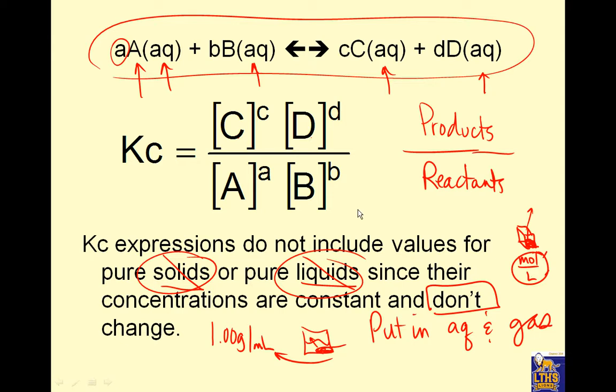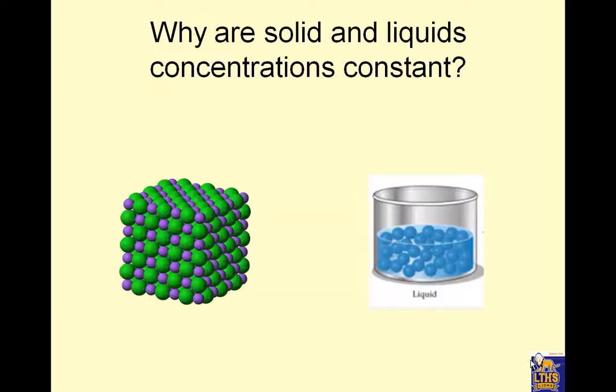So when you're writing the Keq expression, put in products over reactants, concentrations raised to the coefficients, but don't include pure liquids or solids. Aqueous and gas are allowed, and they need to be in there. Why are solids and liquids constant concentration? Well, here's an example. Here's a solid. If all of these go away, then I still have these, and the concentration of that doesn't change.